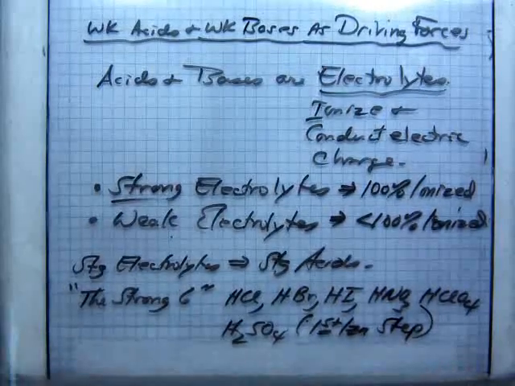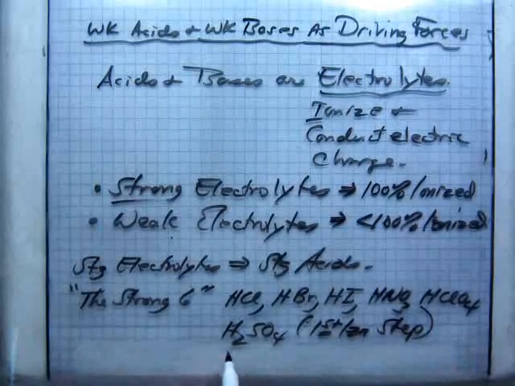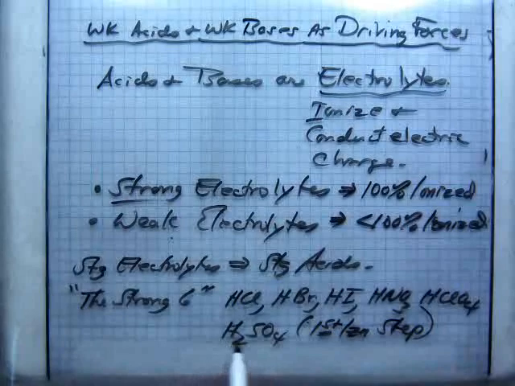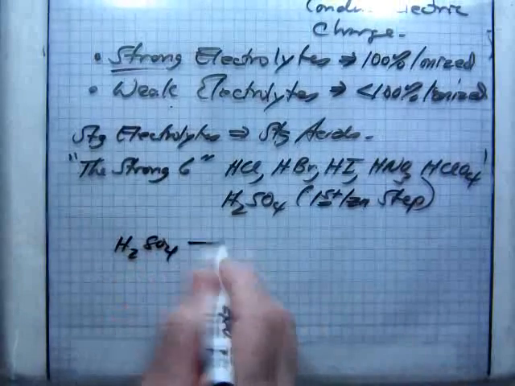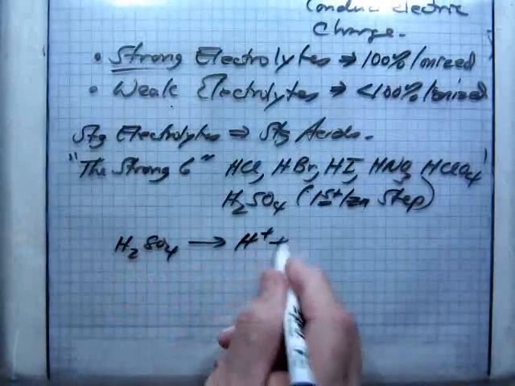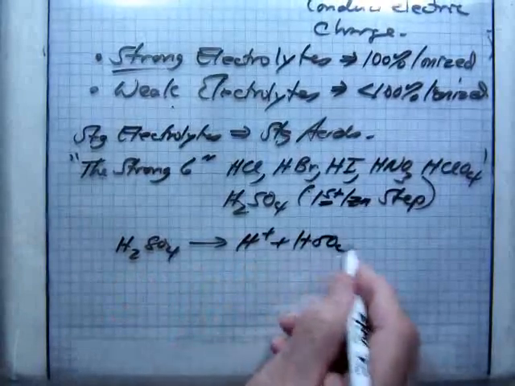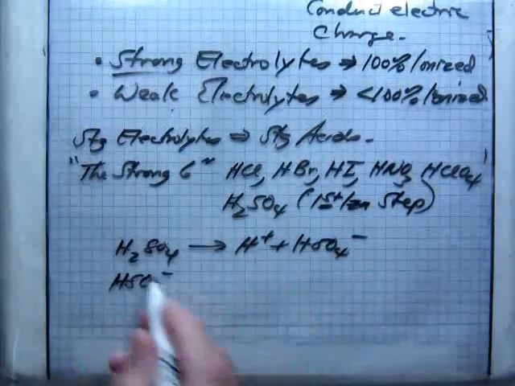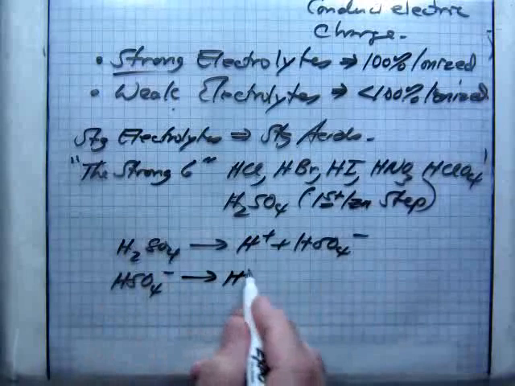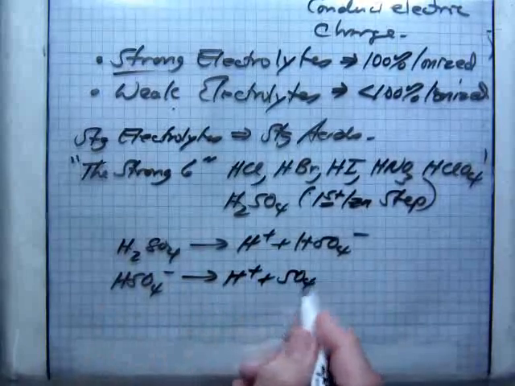See, that's a polyprotic or diprotic acid, H2, so it ionizes in a couple of steps. I'll show you very quickly. H2SO4, first ionization step would be this. And then the second one, it has an ionizable hydrogen there and goes to H plus SO4 2 minus.